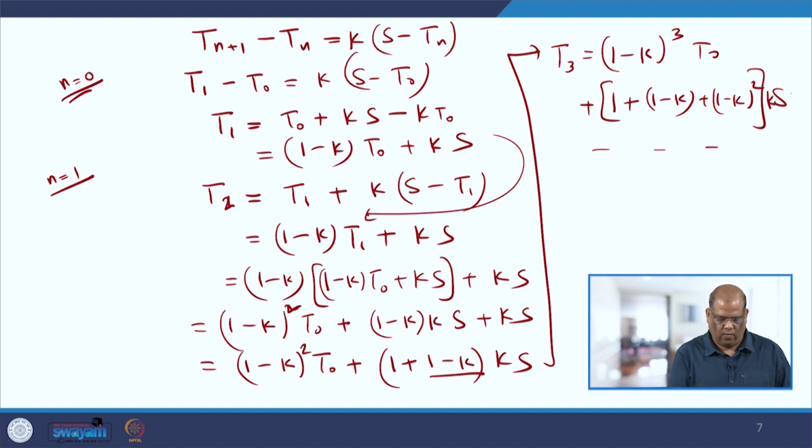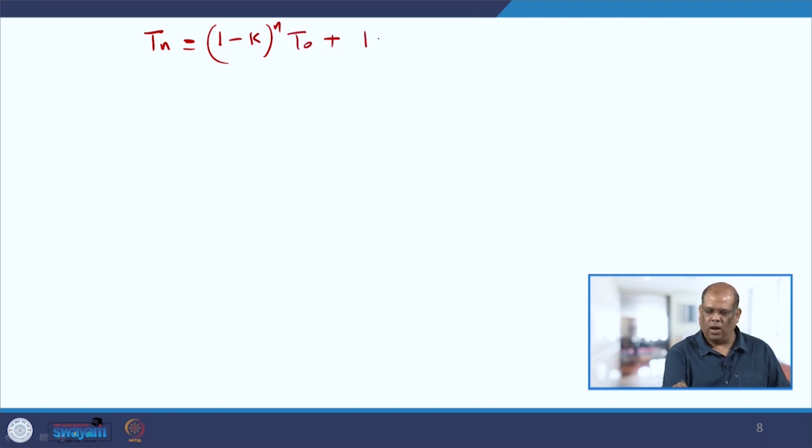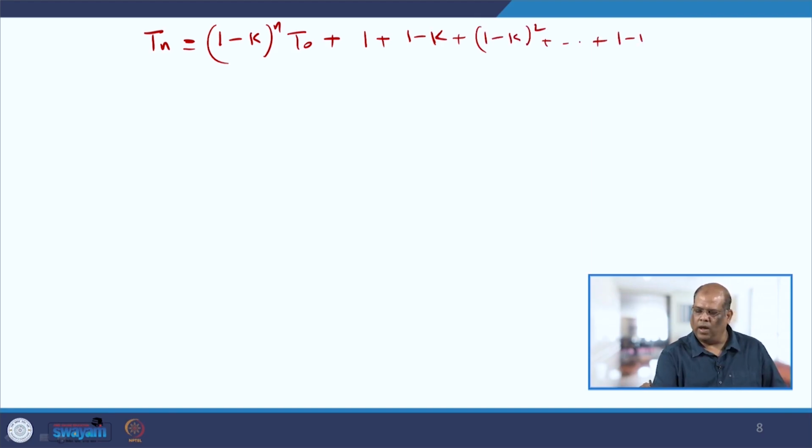So, if I want Tn, this will be (1 minus k) to the power n into T0 plus (1 plus (1 minus k) plus (1 minus k) square plus up to (1 minus k) to the power n minus 1) and whole multiplied by kS.